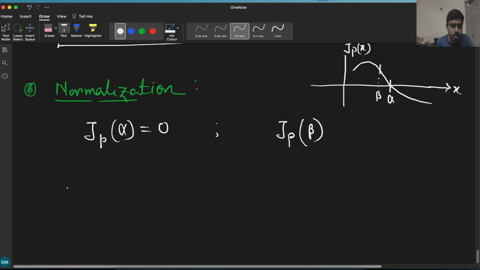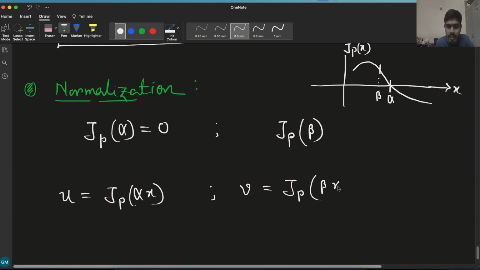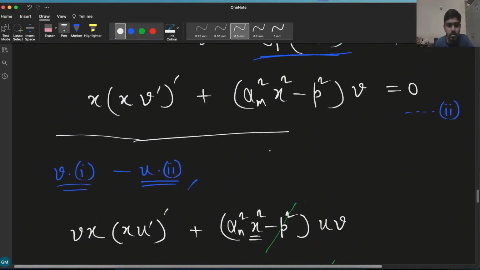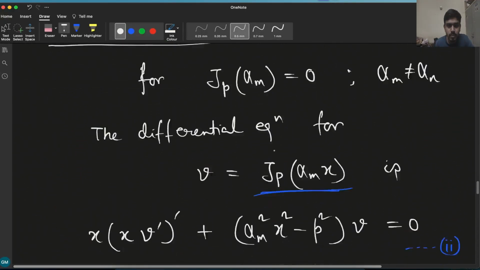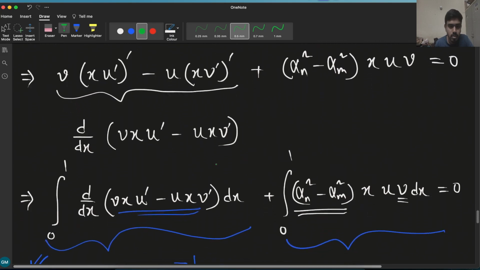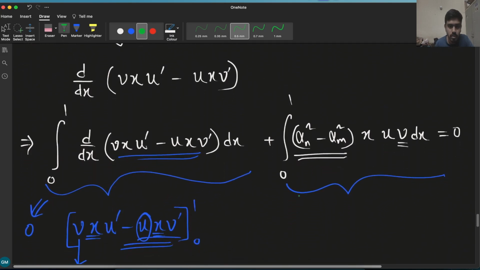Now if I define two functions, for example u, which is Jp of alpha x, and v, which is Jp of beta x. In that case, these two, u and v, will satisfy this equation.